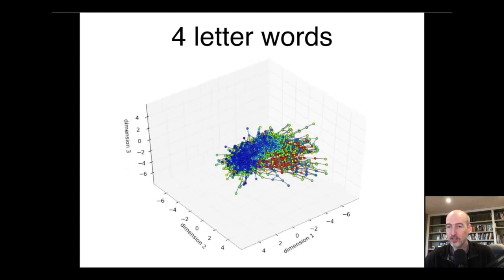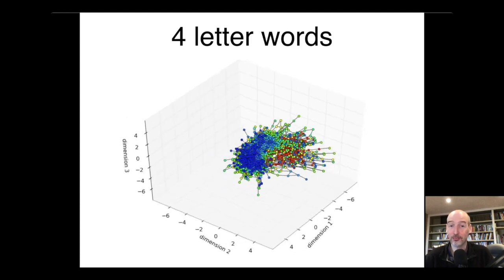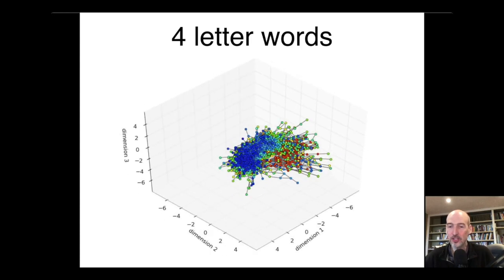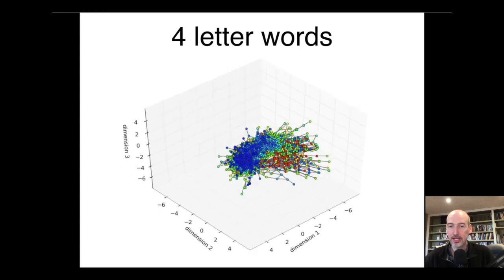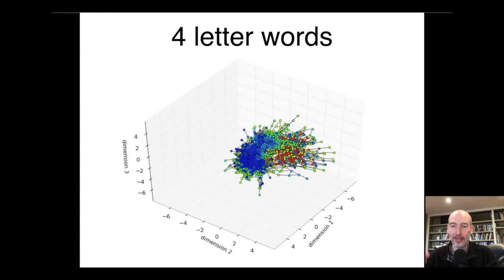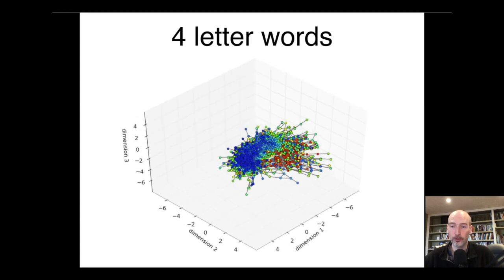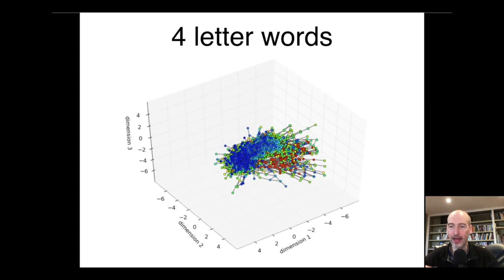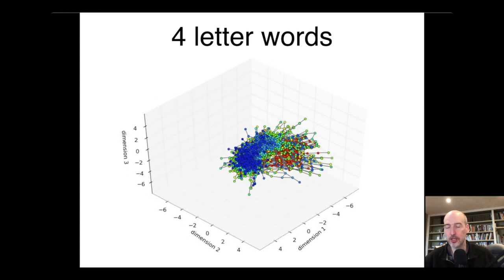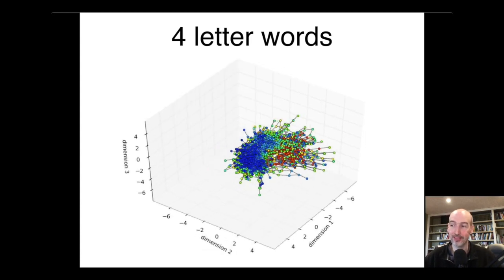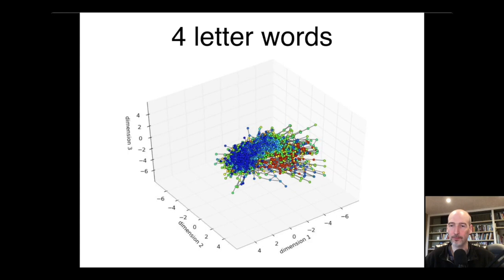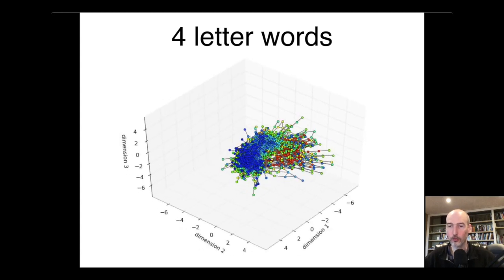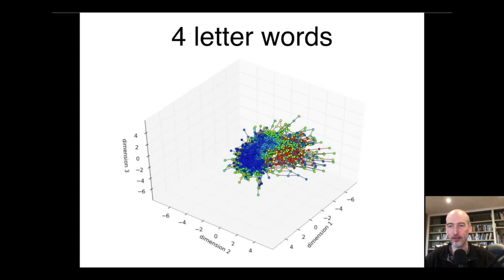There are edges between two words if we can change one letter in the word and get another valid word. Initially this is just a graph of words connected together, but we have no sense of distances between them. Now we can put them into this three-dimensional space as we're visualizing here.